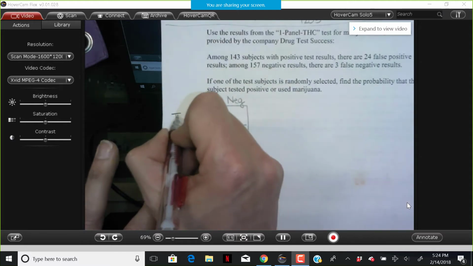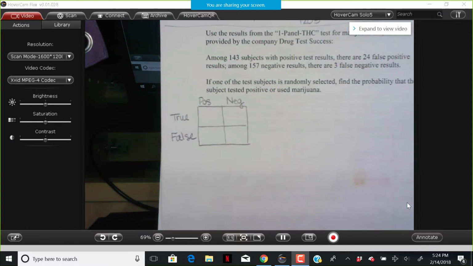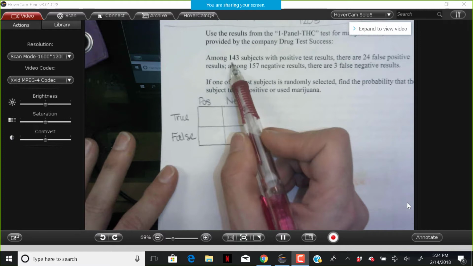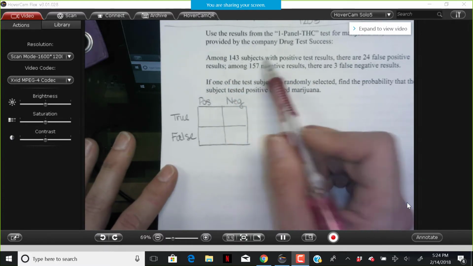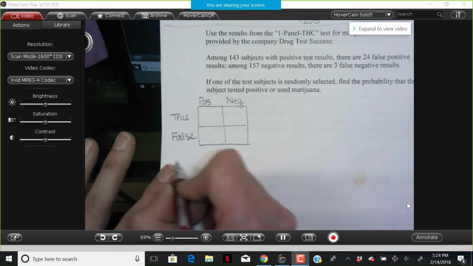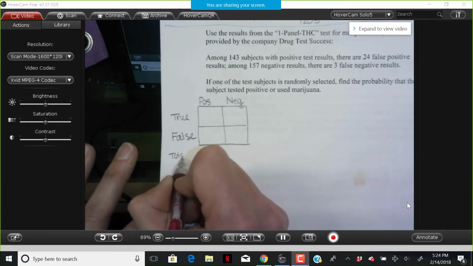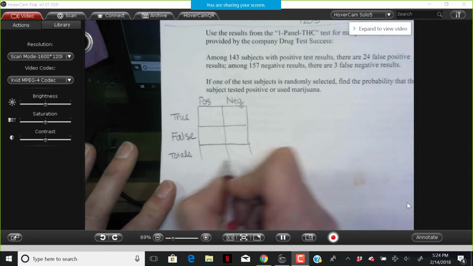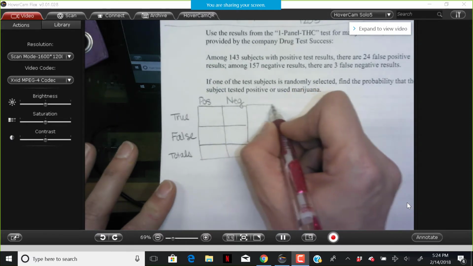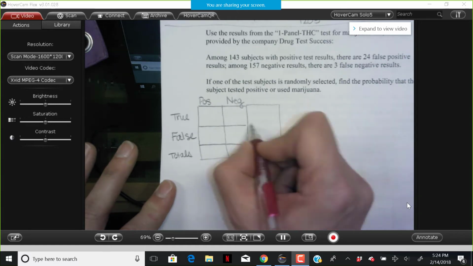And then the ones that came back true, right? The test was good. So it says there are 143 subjects with positive test results. So think of a totals column as well. So I have my table plus totals over here on the bottom and totals to the right.